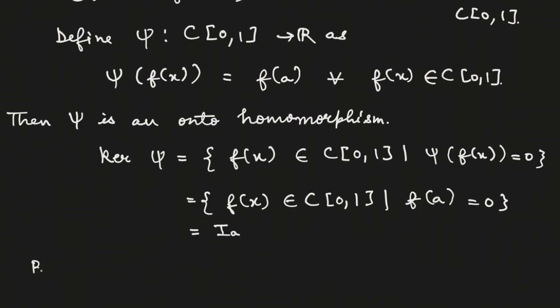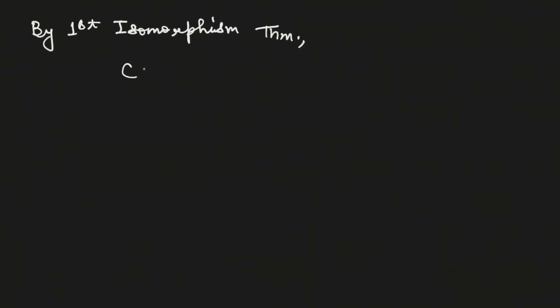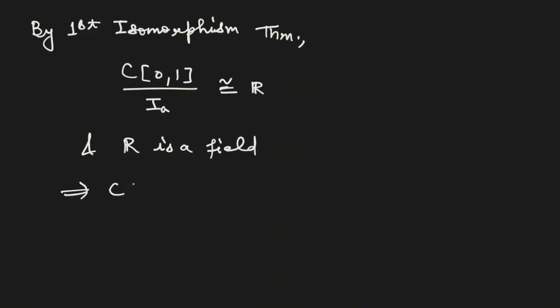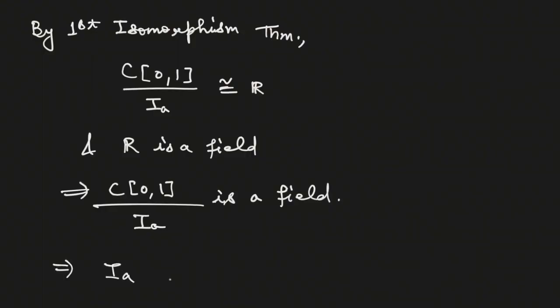Now by the first isomorphism theorem, C[0,1] upon the kernel, the kernel being I_a, is isomorphic to the set of real numbers, and the set of real numbers is a field, which implies C[0,1] upon this is a field. R by M is a field if and only if M is maximal. So this I_a is a maximal ideal in C[0,1].